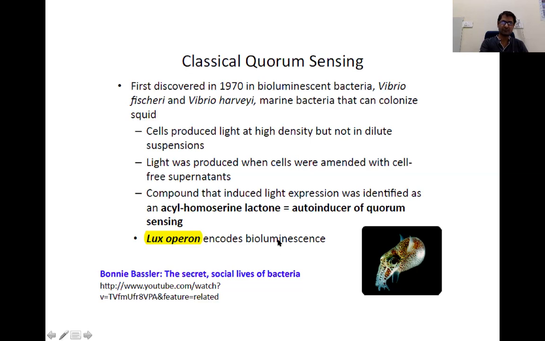This encodes bioluminescence, the luciferase enzyme, and then it starts giving light. So in the night, when this organism is in the sea, this light is there in its gut, right, in the neck.